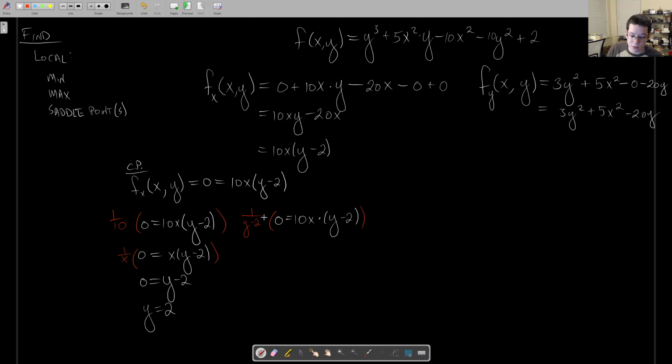Temporarily disallowing y from being 2. So we're going to do 0 equals 10x. And then divide by 10. So then 0 divided by 10 is 0 equals x. So x equals 0 is a critical point.